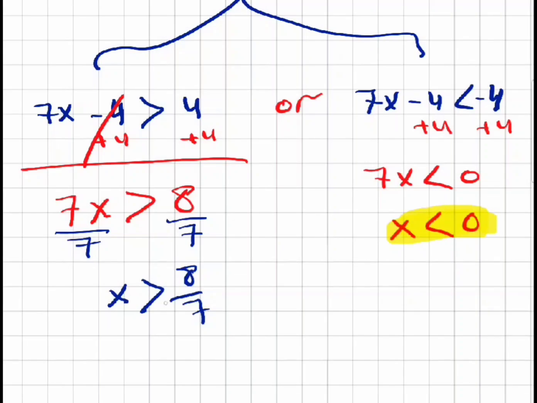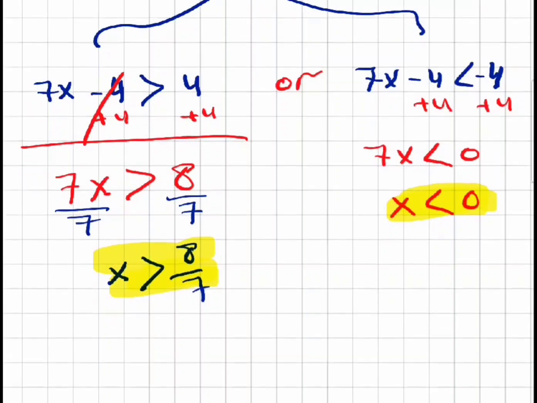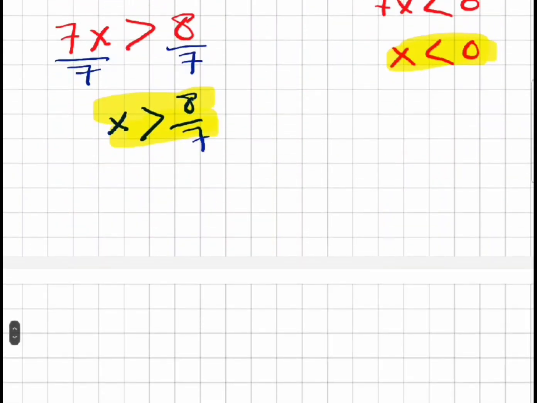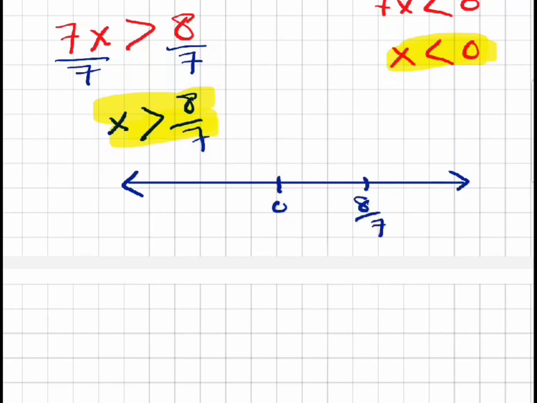So now let's plot this on a number line. 8 over 7, that's a little bit more than 1. So x is less than 0, we could shade that to the left, or x is greater than 8 over 7, so we're going to shade that to the right.